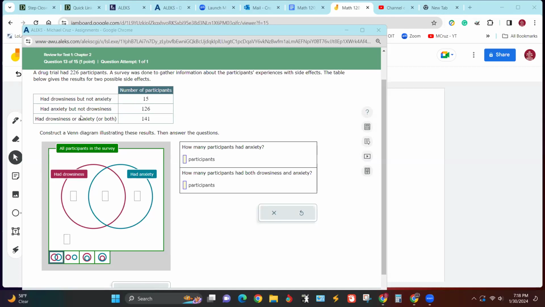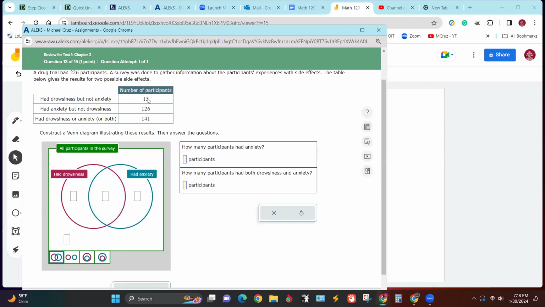So 15 had drowsiness, but not anxiety. 126 had anxiety, but not drowsiness. And 141 had anxiety, drowsiness, or both, which is what all 3 of these got to add up to.